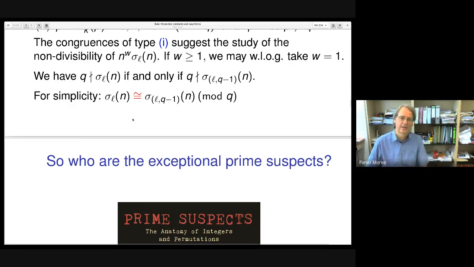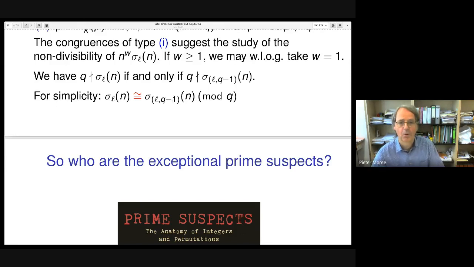So of all these sums of divisor functions, if you look at them modulo q, there are in essence only finitely many possibilities that play a role in terms of non-divisibility. I use that symbol to indicate that it's not a true congruence. But what is true is that if the left side is divisible by q, so is the right side, and if it's not, then the right side is also not divisible by q. So that's enough for our purposes.